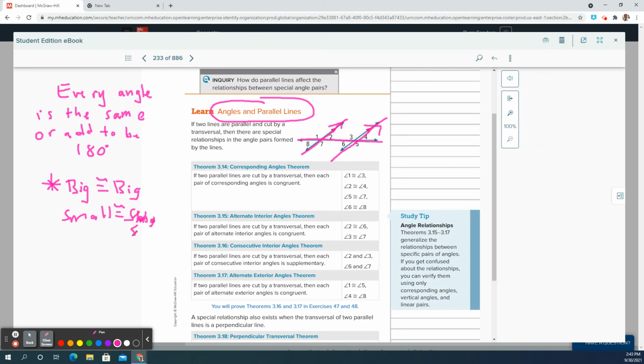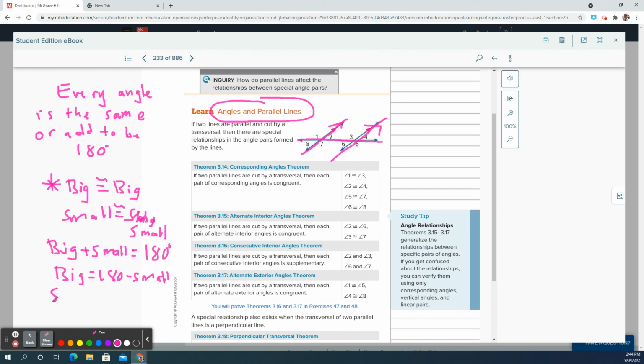And then if you're trying to find the other one, it's going to be big plus small, and that will equal 180 degrees. Let's say we'll add them to be 180 degrees. So let's just do it that way, and then we can just subtract it from the 180 degrees to find it. So that would be big is equal to 180 minus small.